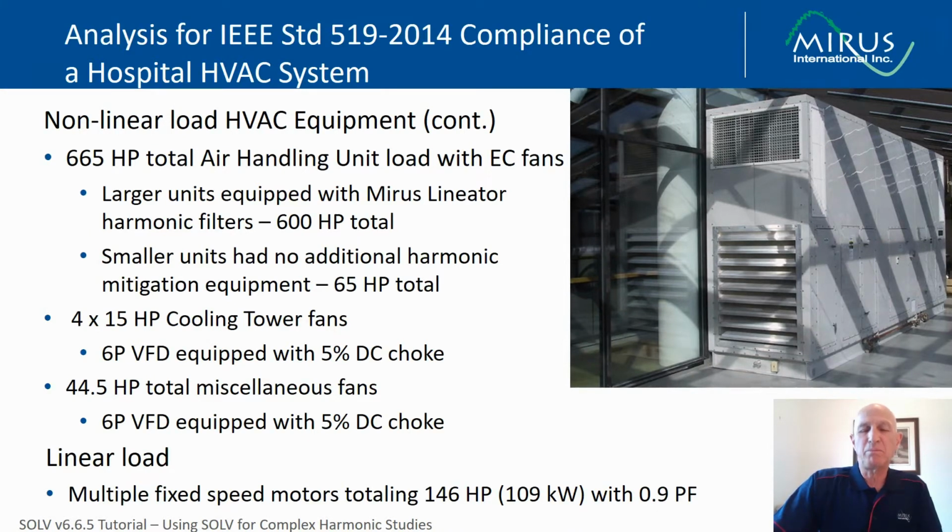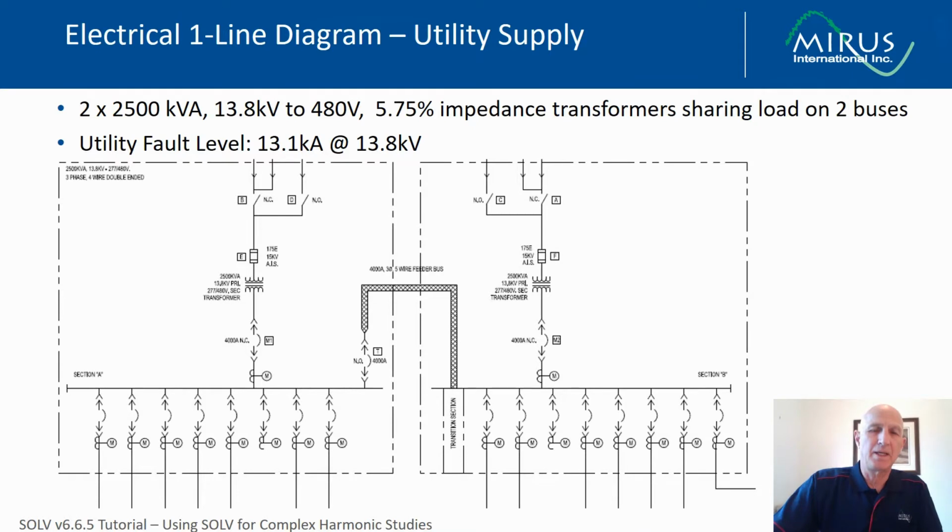The linear load component was combined. It had multiple fixed speed motors totaling about 146 horsepower, and we used a 0.9 power factor. The electrical one line with the utility supply is shown here.